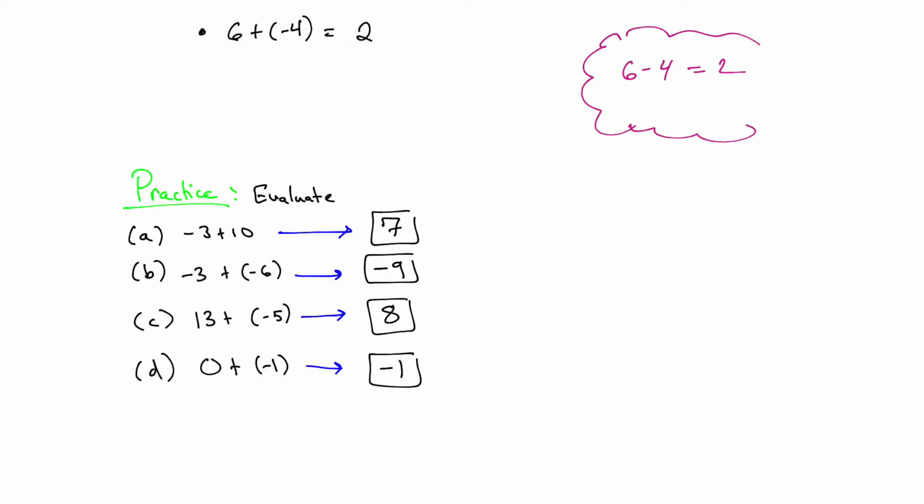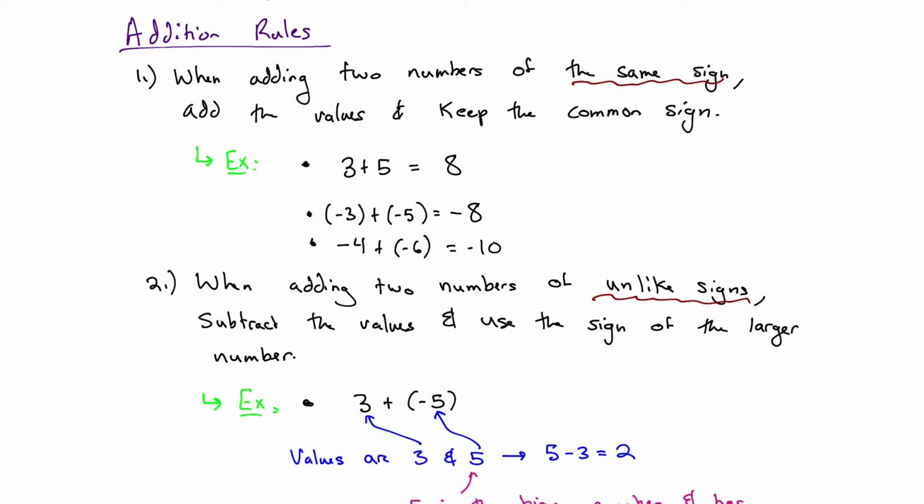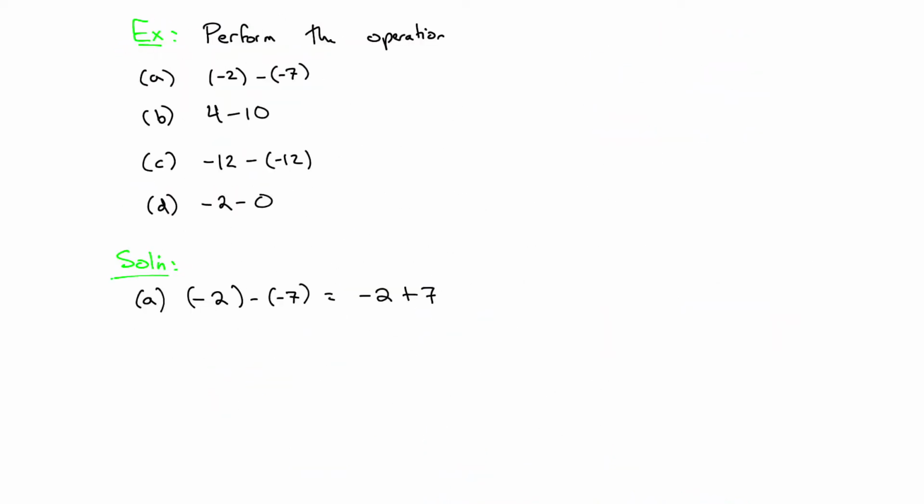Going back to the first page of our notes, when adding two numbers of unlike signs, subtract the values, keep the sign of the larger number. So, subtract these numbers. 7 minus 2 would be 5, and 7 is the bigger number, so this will be positive 5. Any questions on that?